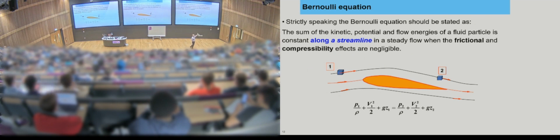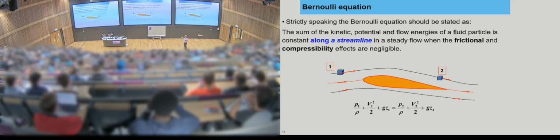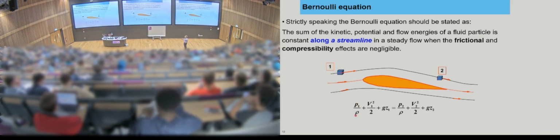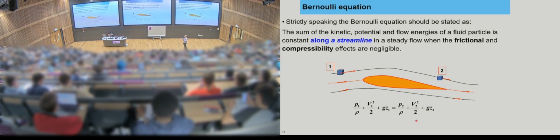You will look at compressibility later in years 2 and 3, but for now, this is how it should be considered. So I can say between points 1 and 2, so here's point 1, here's point 2, and I have P1 upon rho plus V1 squared upon 2 plus gz1 is equal to P2 upon rho plus V2 squared upon 2 plus gz2. It's constant along the streamline for incompressible and steady flow.